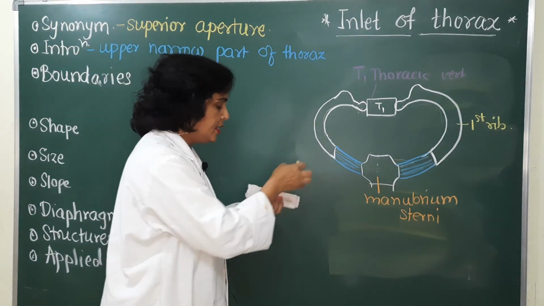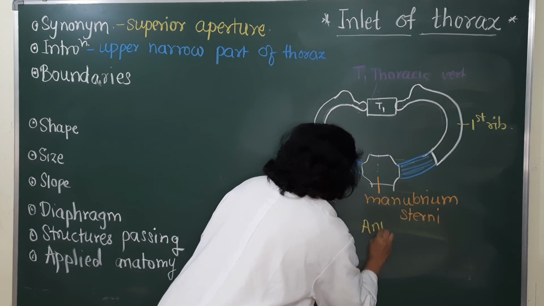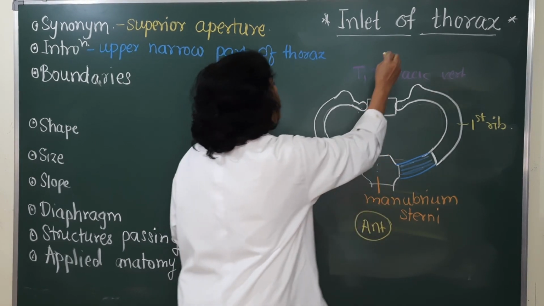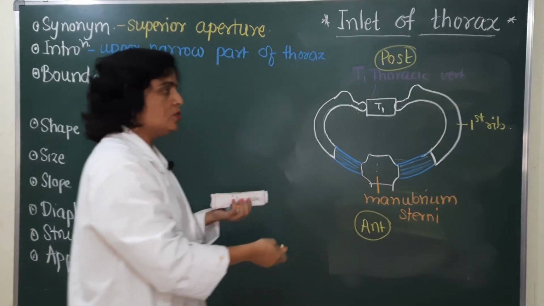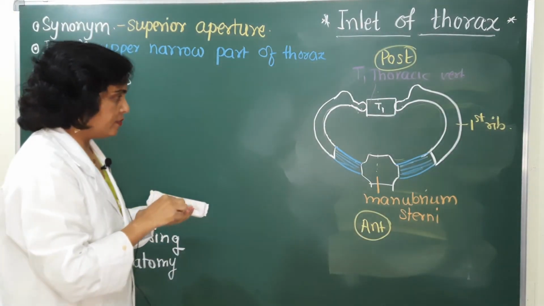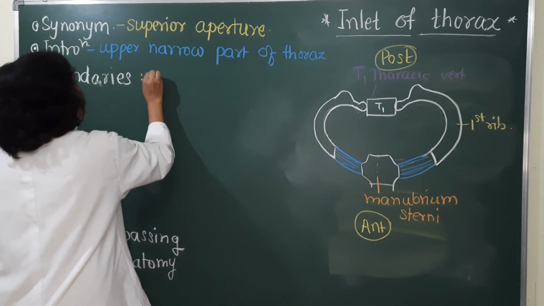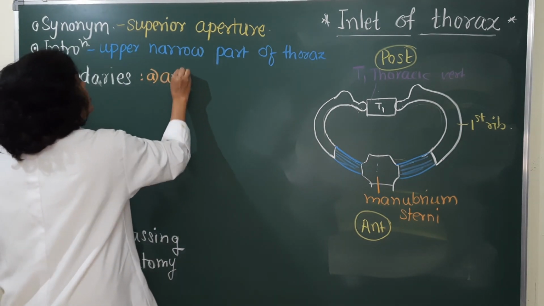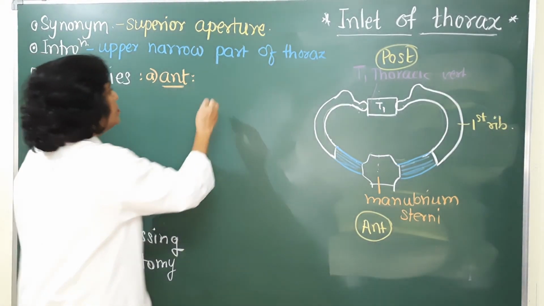So what are the boundaries? In this diagram, this is the anterior side and this is the posterior side. Coming to the boundaries of this inlet, anteriorly it is bounded by the manubrium sterni.